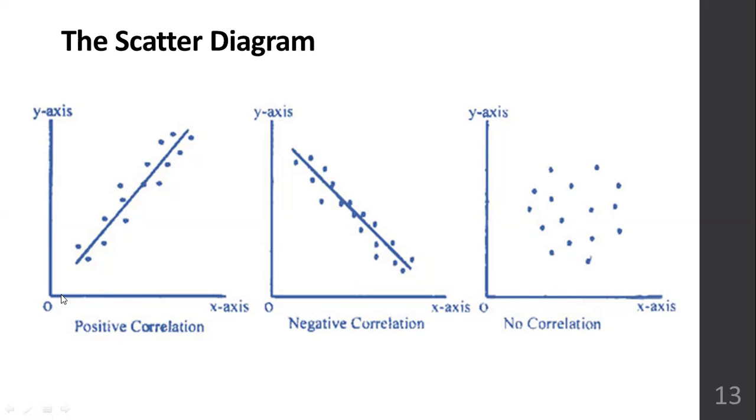So this is no correlation. For example, having an apple on a daily basis and getting a needle stick injury: no correlation at all. You have an apple on a daily basis or you do not have it. If you are not careful while administering medications, you will get a needle stick injury. So this is about the scatter diagram.